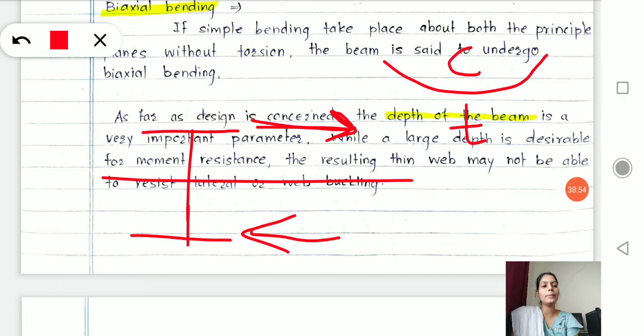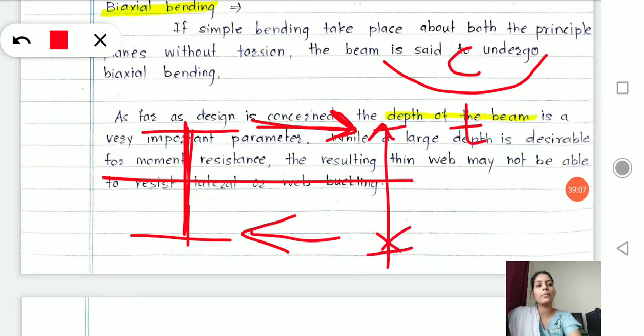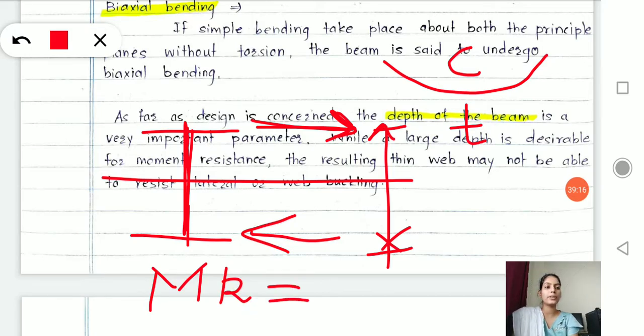In this simply supported I beam, the depth is important. How? Because the distance between the tensile force and the compressive force is called the lever arm, and that distance tells us the moment of resistance. How much load will be resisted by the section depends upon the moment of resistance. And how do we calculate that?